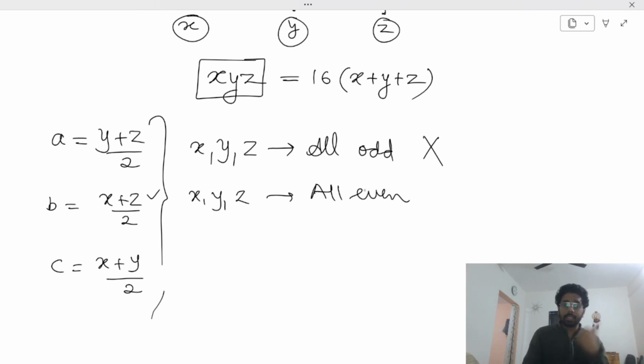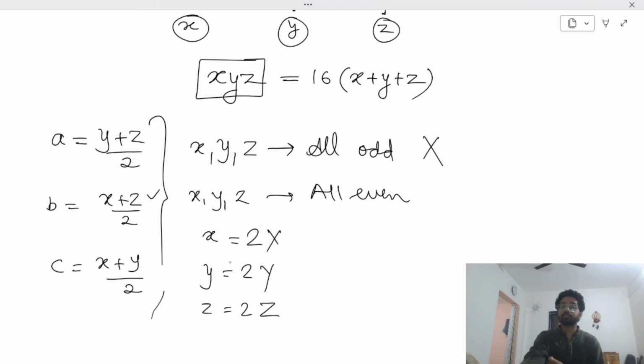Now, coming back to the point again, I'm writing small x as 2 times capital X, small y as 2 times capital Y, and small z as 2 times capital Z. How is it going to help me? Since I have concluded small x, y, z are even, I write this as 2 times, because every even number is a multiple of 2.